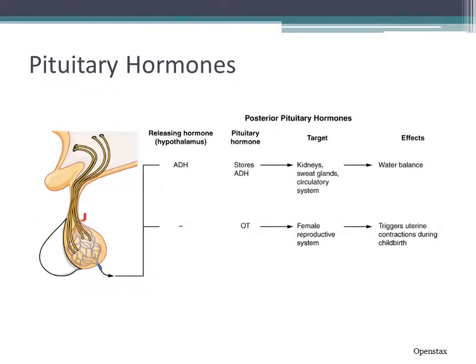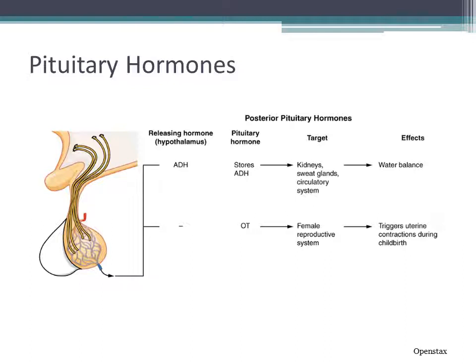The posterior pituitary, we're mainly interested in the antidiuretic hormone, which is stored in the posterior pituitary, and the target organ is mainly kidneys, and the effect is regulation of water balance. Oxytocin is of very little interest to us in the endocrinology world.